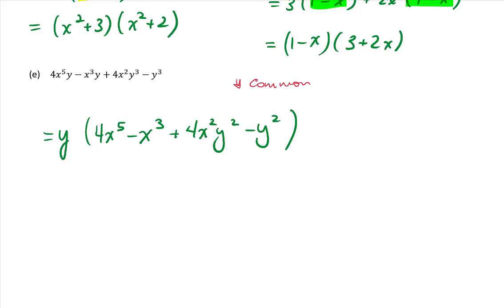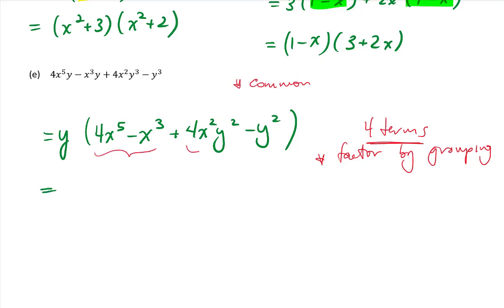Second thing, we have 4 terms, so that means we need to factor by grouping. Anytime you see 4 terms, we're going to factor by grouping. So taking each of the groups here, here's one group, here's the other. We still have the y spectating out front.